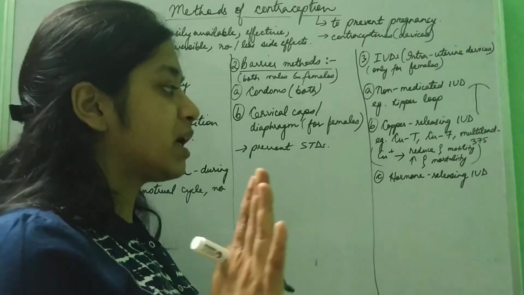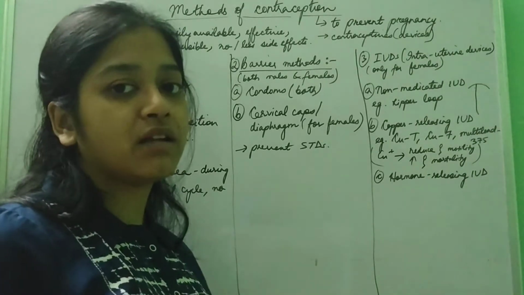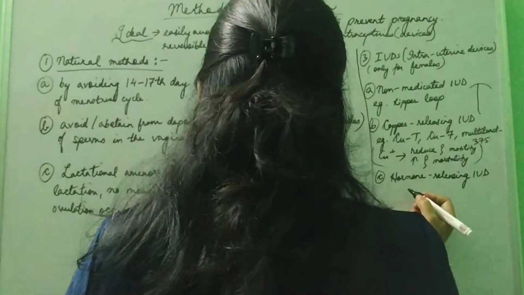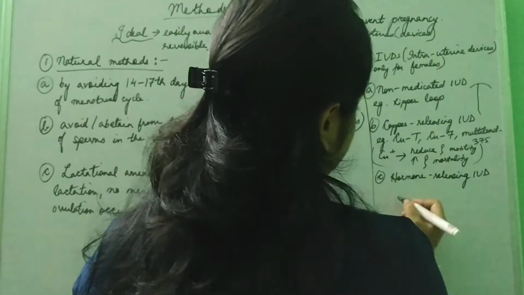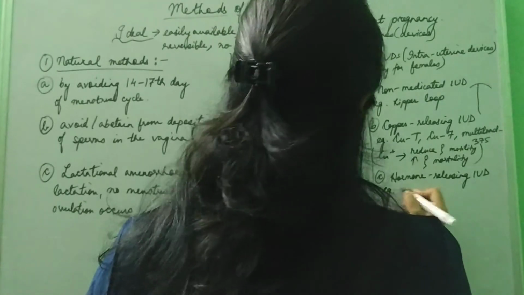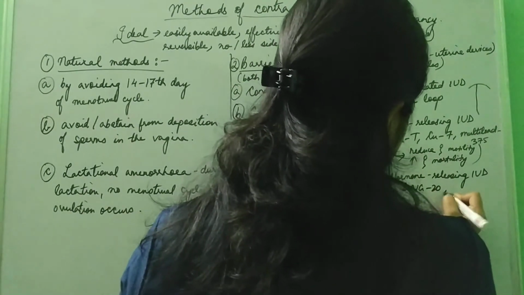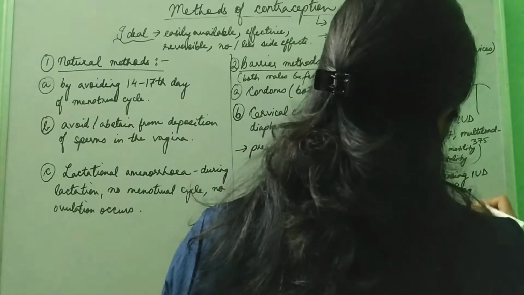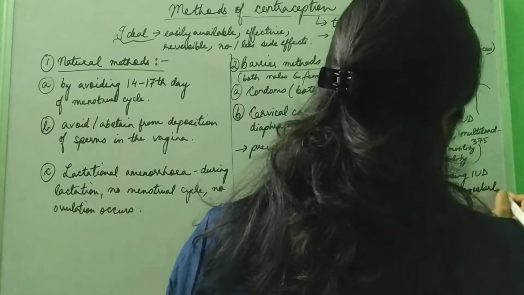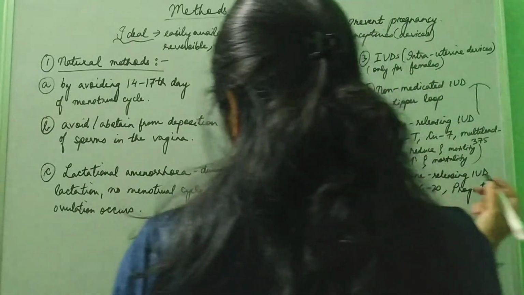The uterus will become such that the fetus cannot be implanted in it. So ultimately this is a contraceptive device. Examples will be LNG-20. One more is progestasert.